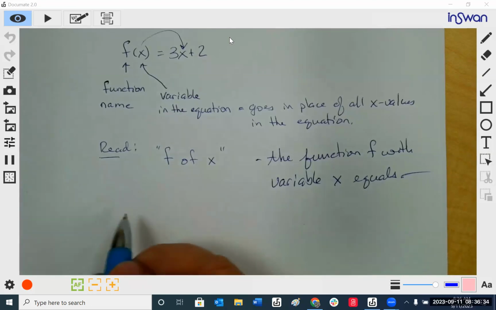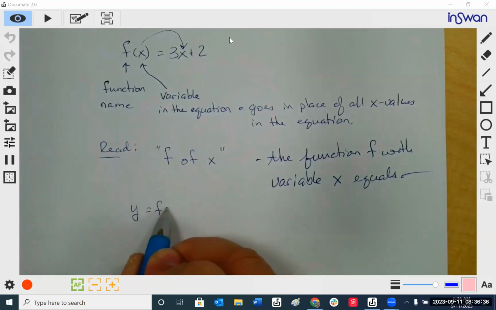Rest assured that y and f of x are interchangeable. This is true.